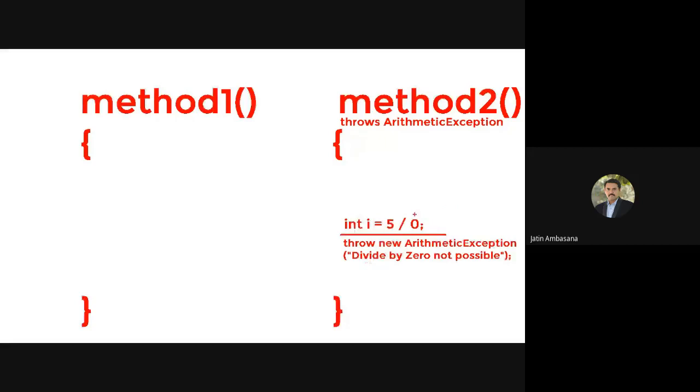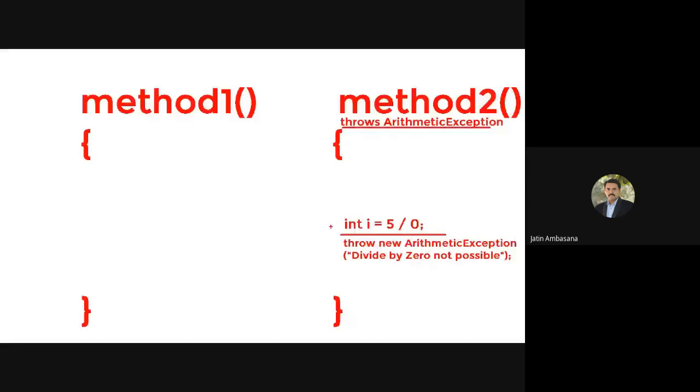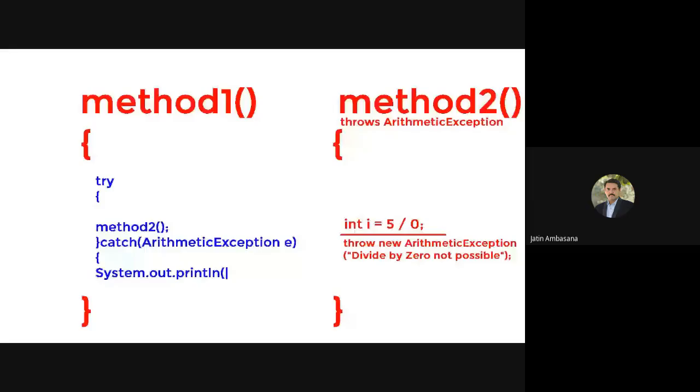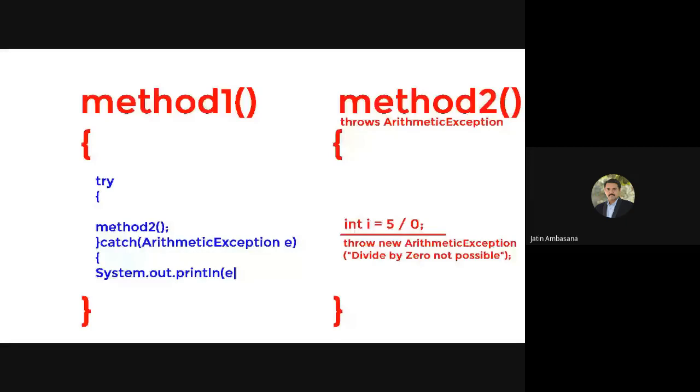We are specifically throwing an arithmetic exception, so we simply declare that this method throws an arithmetic exception. In the method to call, you may do System.out.println of exception object e, or you say e.getMessage.